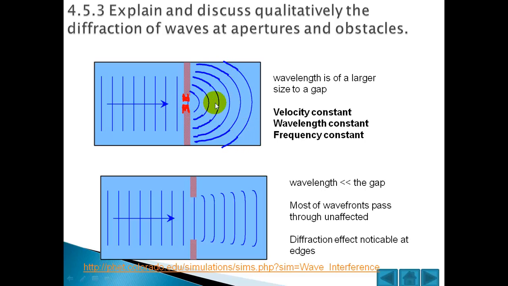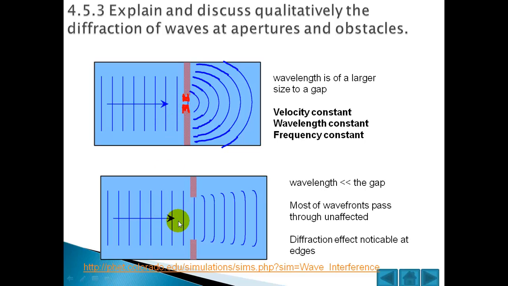Notice that the wavelength stays the same, the frequency stays the same, and the speed stays the same. This is treated as a new source of wave, a point source which spreads out from here. So this is with a long wavelength and a small gap.